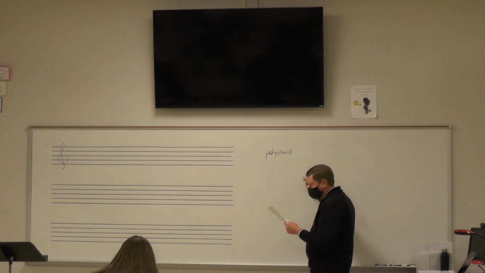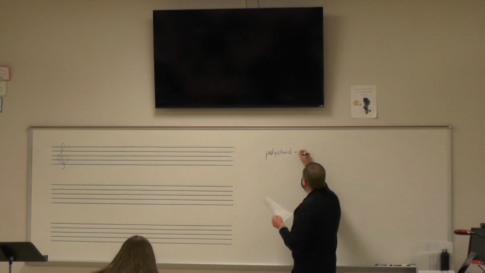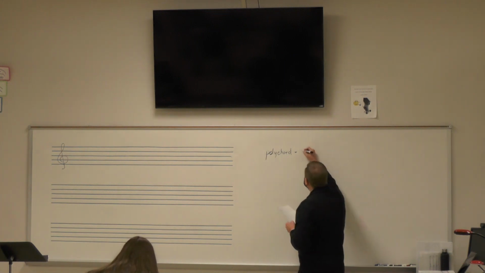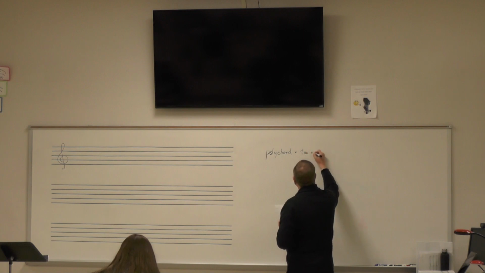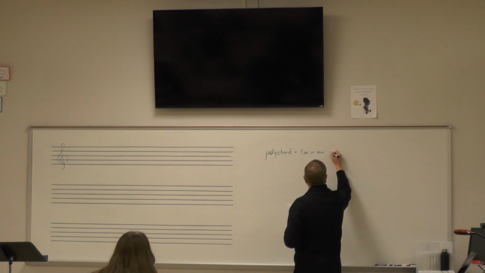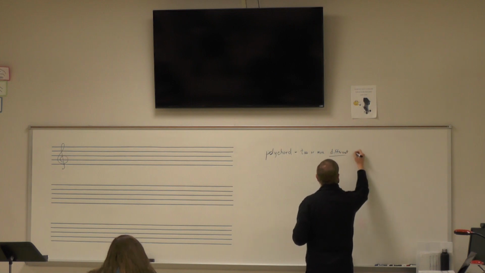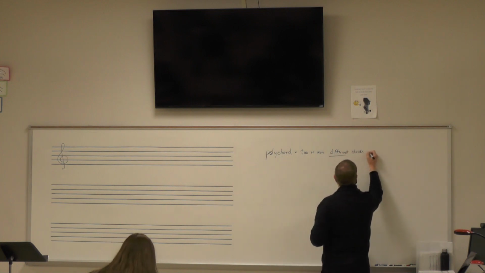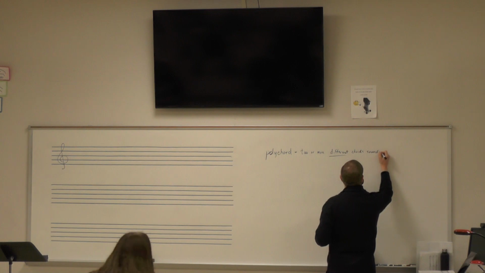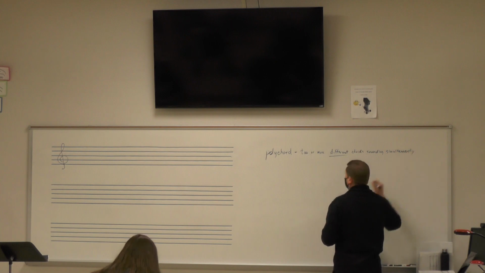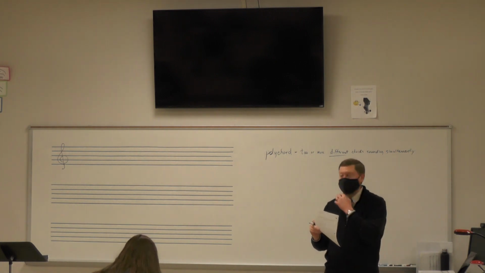Okay, polychord. What is a polychord? It consists of two or more different chords sounding simultaneously. And the key word here is different. So like playing a major and a minor triad? Yes, that would be an example. We'll get to one specific like that.